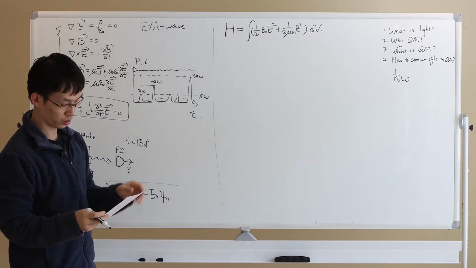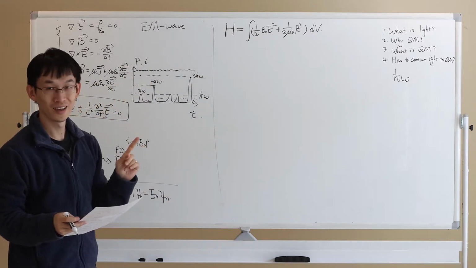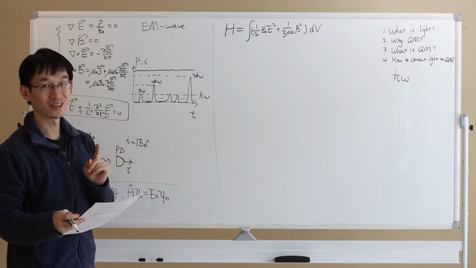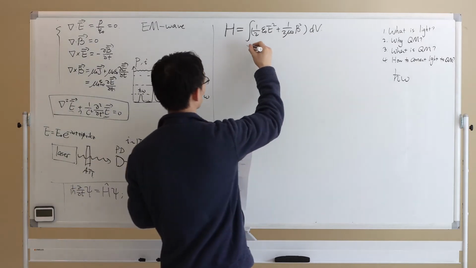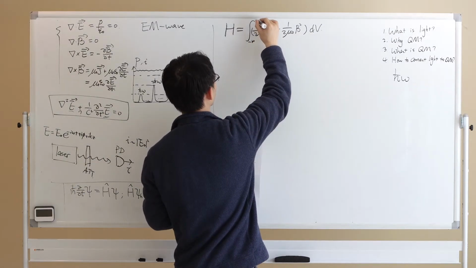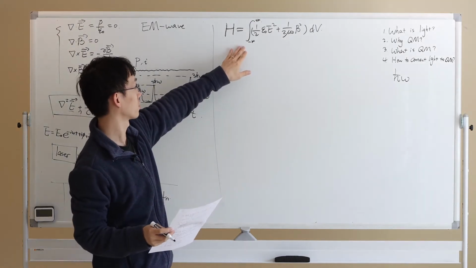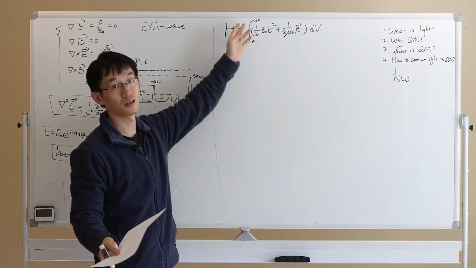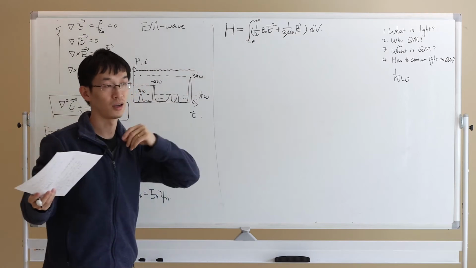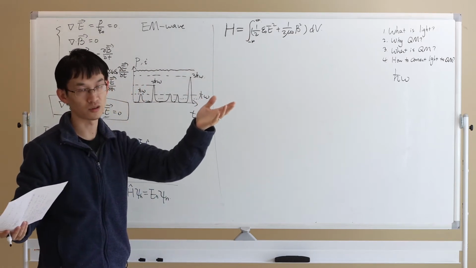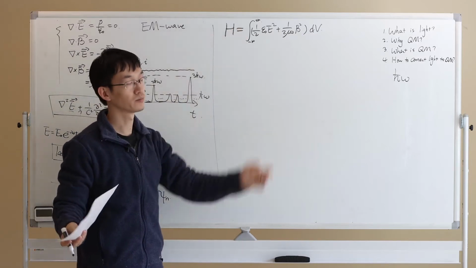It looks relatively simple, but it's actually much more complicated than that. First of all, if you want to get the energy of light, you have to do this for the entire space, because we didn't set any limit for where the light can exist, and we know it travels extremely fast, so it's everywhere.